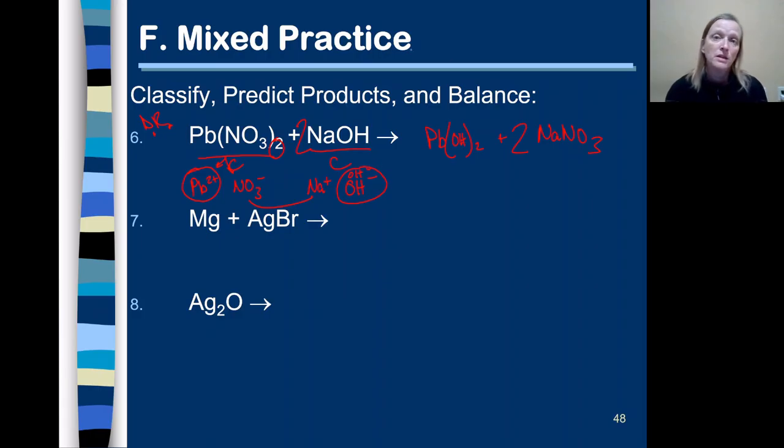Now that I've done this chemical reaction and produced the products and balanced, this substance would be aqueous in solution. But lead hydroxide would be a solid because most hydroxides are not soluble. And sodium nitrate would be aqueous. So not only is this a double replacement reaction, we see that this would be a precipitation reaction.